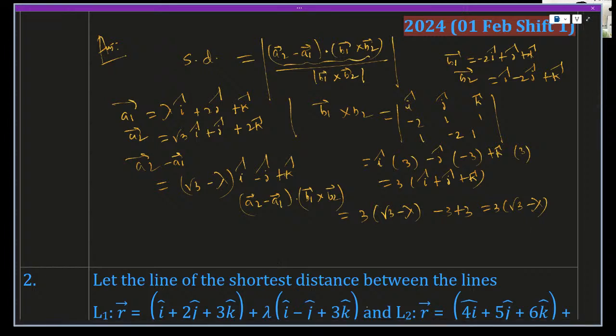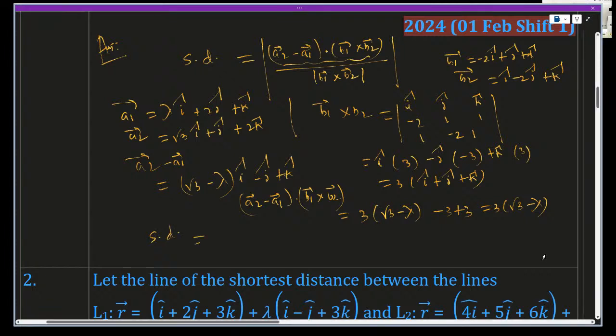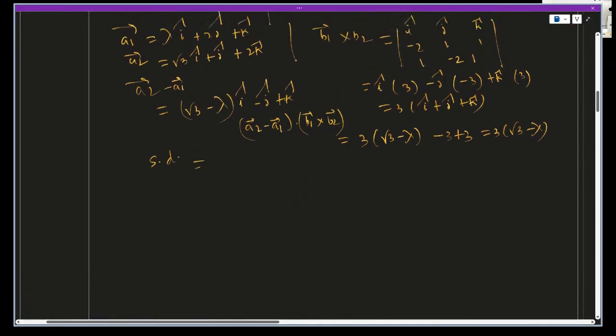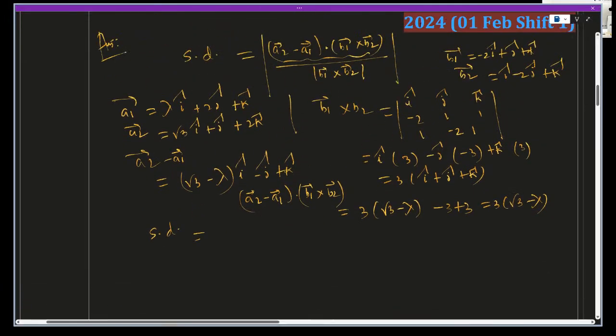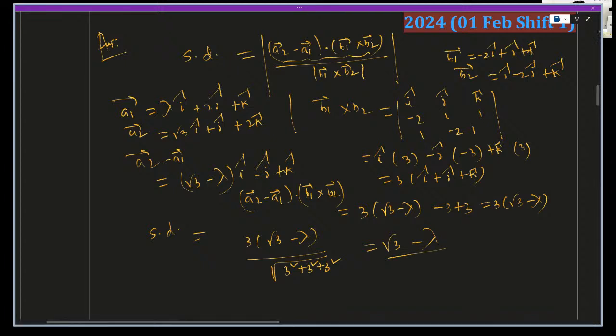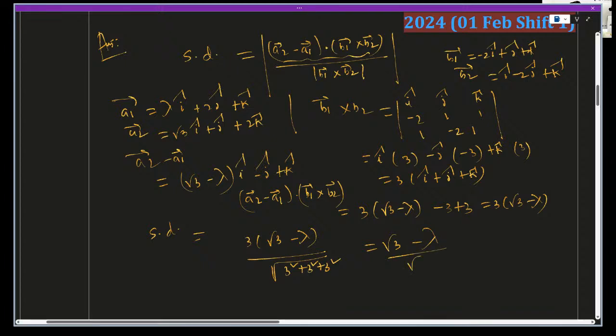So the length of SD is going to be 3 into root 3 minus lambda over mod of B1 cross B2. That is root over 11, so root 3 minus lambda by this is 3 root 3. So root 3 remaining and this is 1.